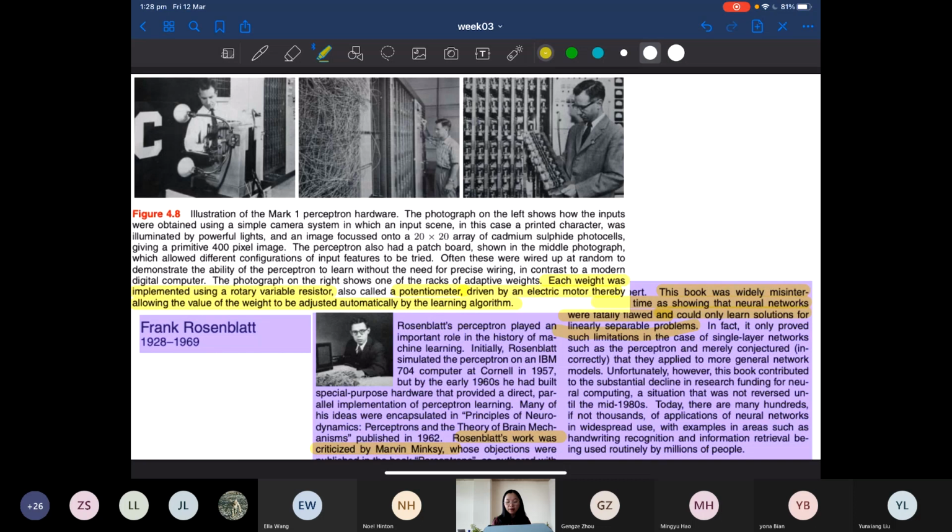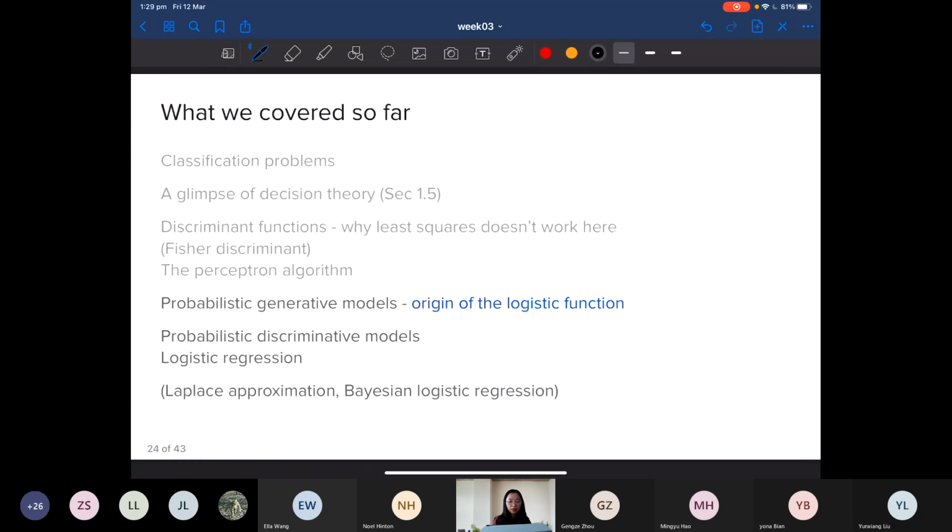This led to a winter of development for related approaches until much later. So erroneous public perceptions of a scientific approach can have detrimental effects on the development of the whole field. So that's that.